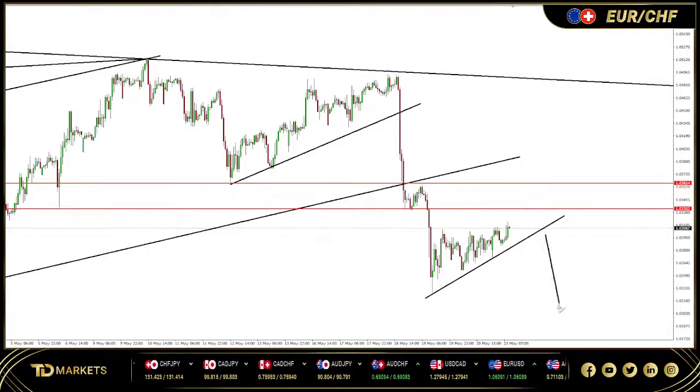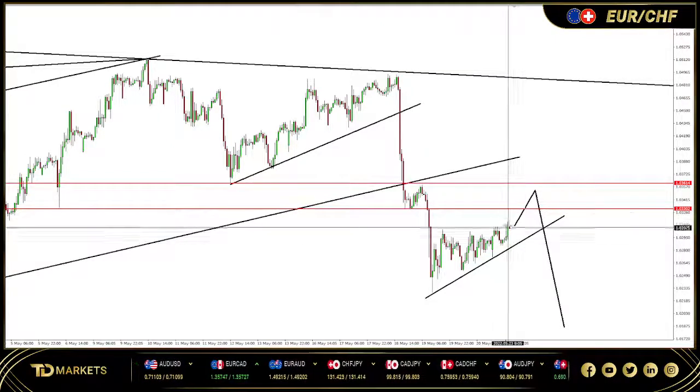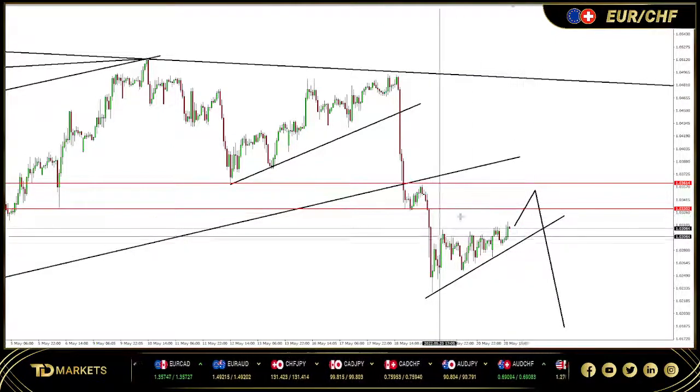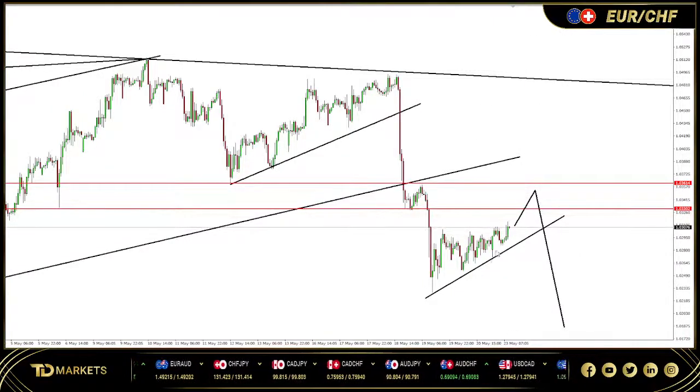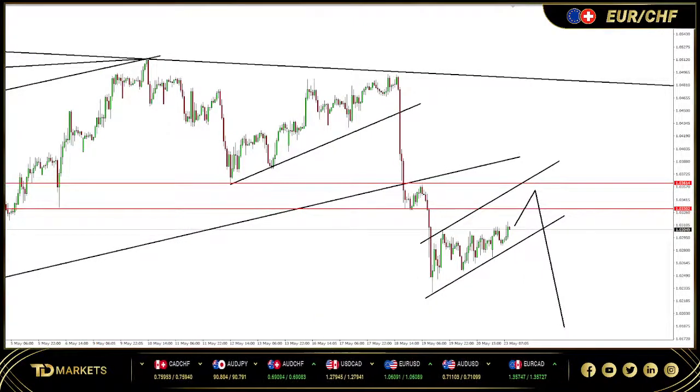We're still expecting the market to push a little bit to the upside, and then around this area we will be looking for any selling opportunities. It can still push a little bit more to the upside because it's still correcting, and once this correction completes, we will be looking for a sell and capitalize on this move to the downside. So that's Euro Swiss. Keep an eye out on that.